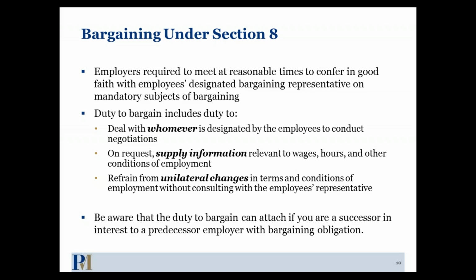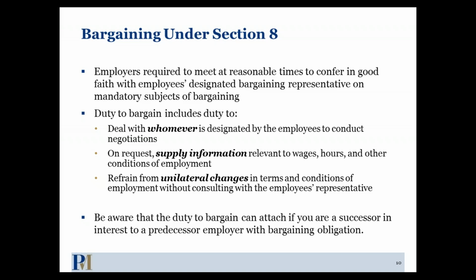The other piece of this that often makes employers really uncomfortable is an obligation to supply information relevant to the bargaining. And sometimes this can get into questions of what's proprietary information, what's confidential, do I really have to provide this information? It can be very bargaining specific. Generally, you don't have to open your books.